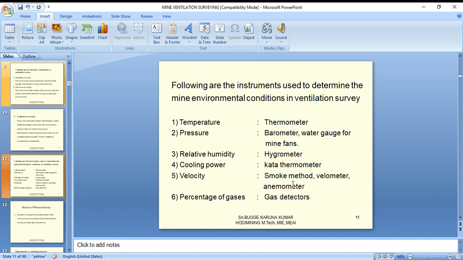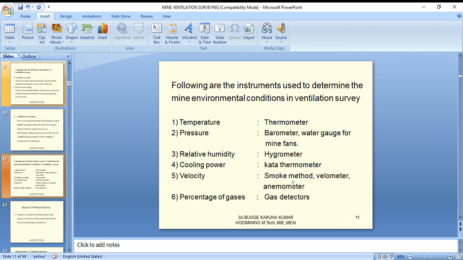Following are the instruments used to determine the mine environmental conditions in ventilation survey. Temperature: thermometer.